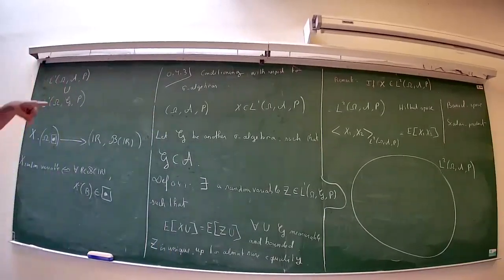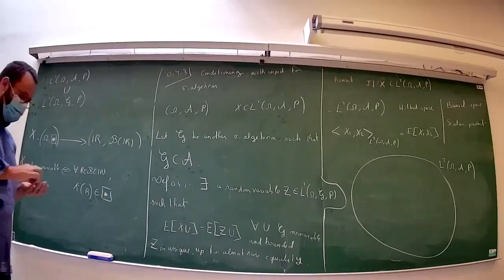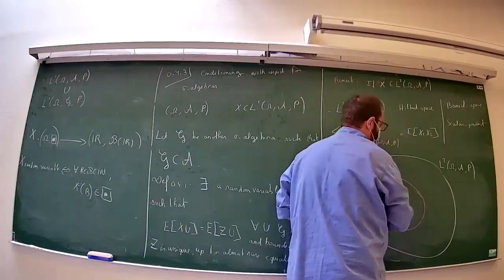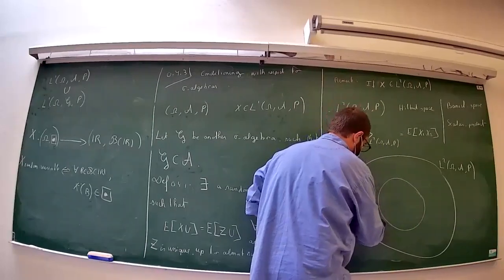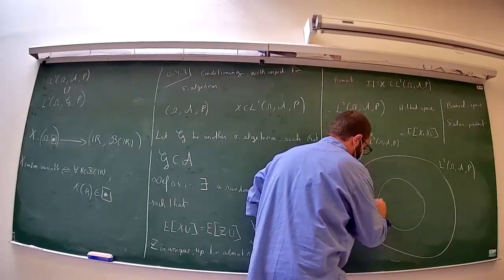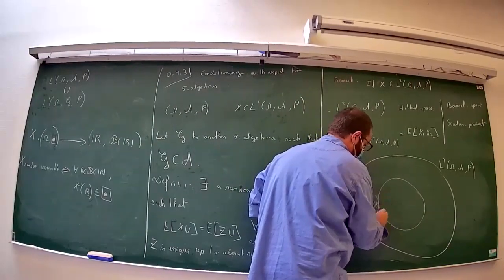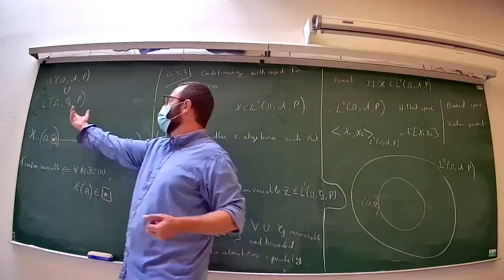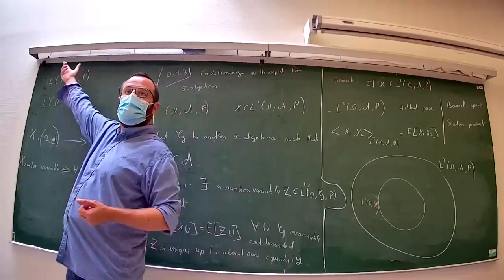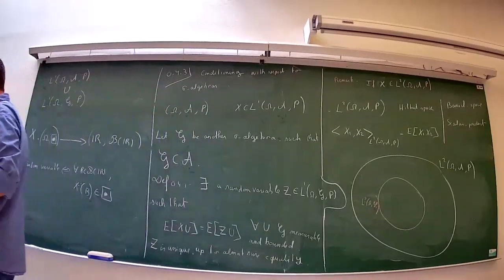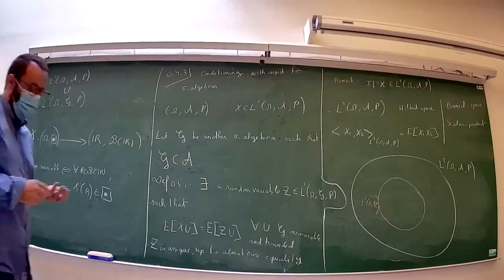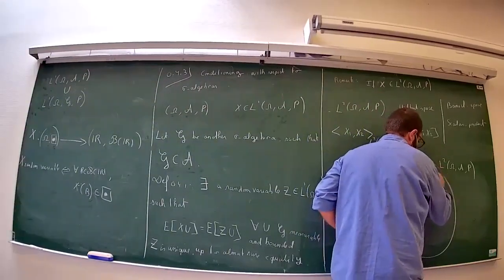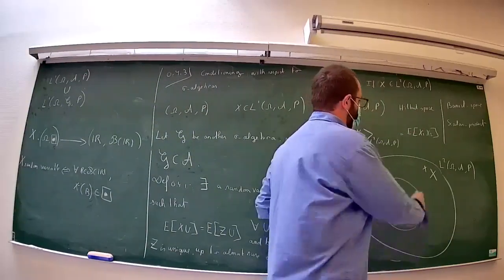So you have here L2 of omega, A, P, and I consider here L2 of omega, G, P. A here, G here, and I know that the second one is included in the first. And I have my X that is here, my random variable X.